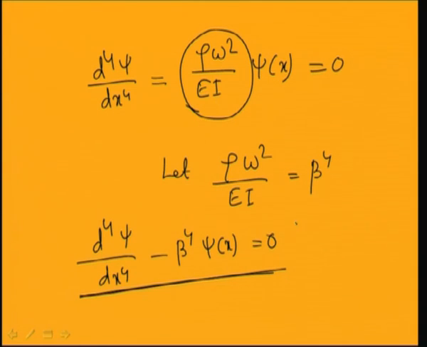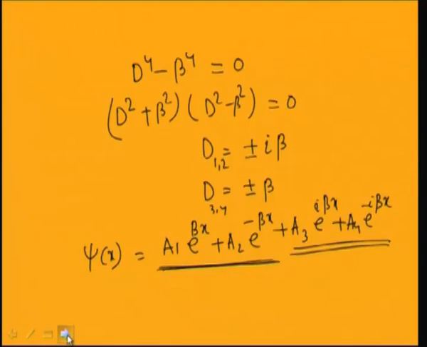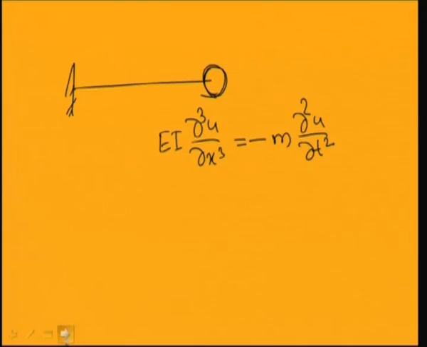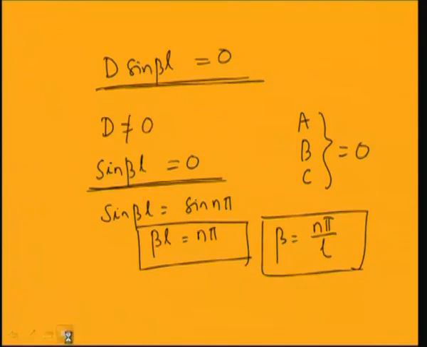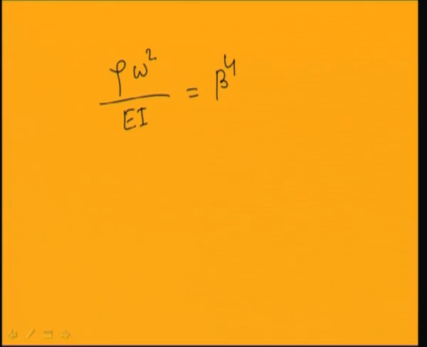Now from this you can write ω² equal to β⁴ into EI by ρ. Let me write β⁴ equal to ρω² by EI, or ω² equal to β⁴ into EI by ρ.